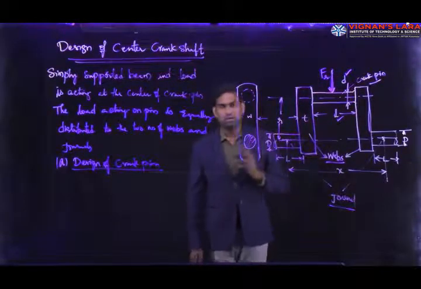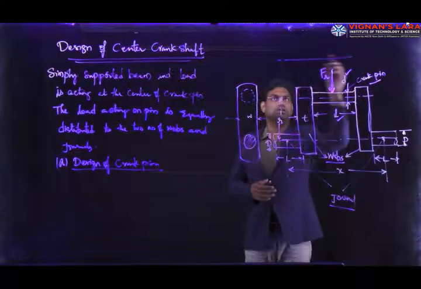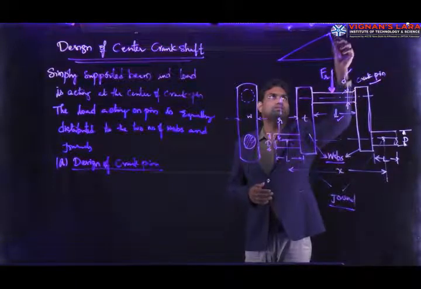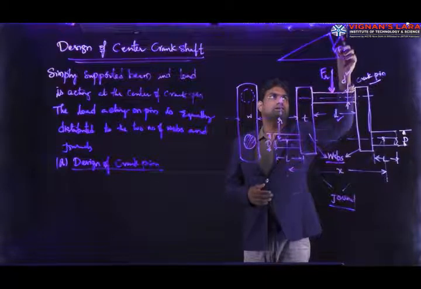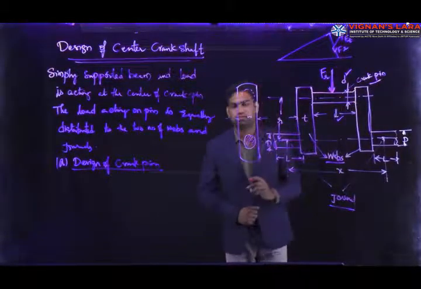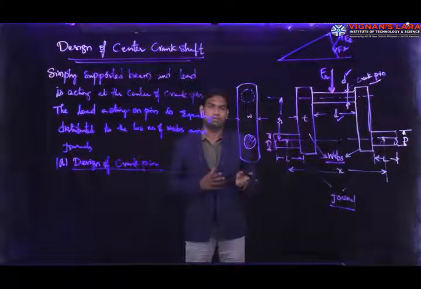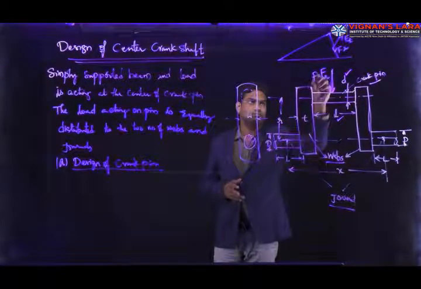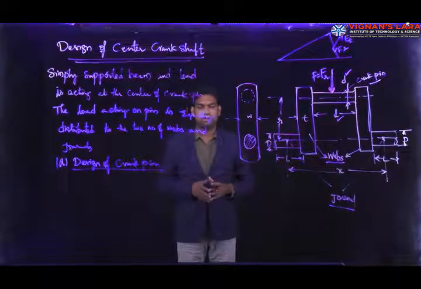As I stated, the total force is divided into two components, F, Fr and Ft. But while designing the crank pin we are not considering the effect of the two components of force. We simply consider the total force acting on the crank pin, that is taken as F for the design of the crank pin.